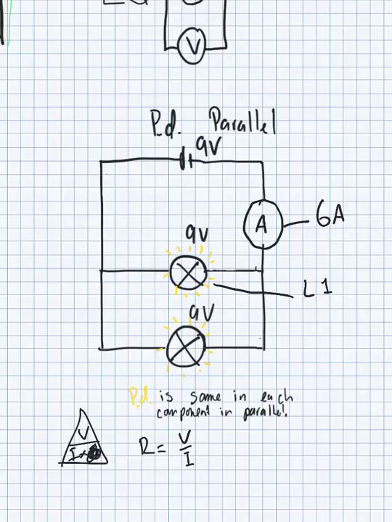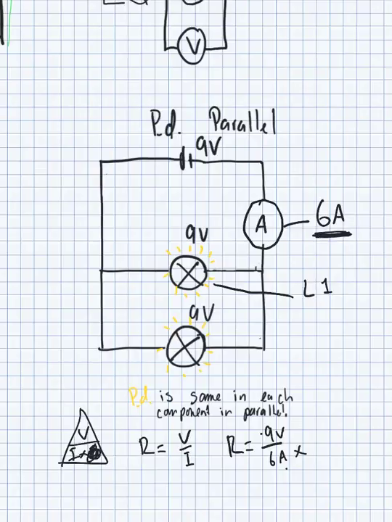Now just have a moment and pause the recording, and tell me what numbers I'm going to put in at the top and at the bottom here. And let's see if you were right. Well, if you put 9 volts, you'd be correct. But if you put 6 amps, you'd be incorrect, because you haven't remembered the rule that in a parallel circuit, current is shared.